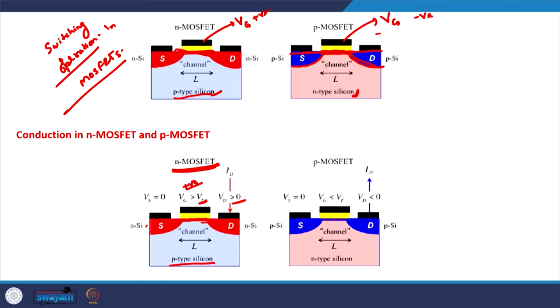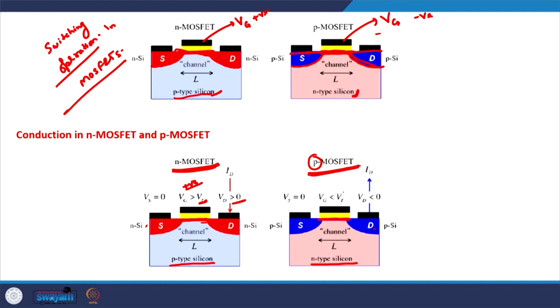Similarly, in the p-MOSFET, in which the channel is p-type, that is where the name p-MOSFET comes from. The body is n-type silicon, the contacts are p-type silicon, and if we apply a sufficiently large negative voltage, the body will become p-type in a small region just below the oxide, and this is known as the p-type channel.